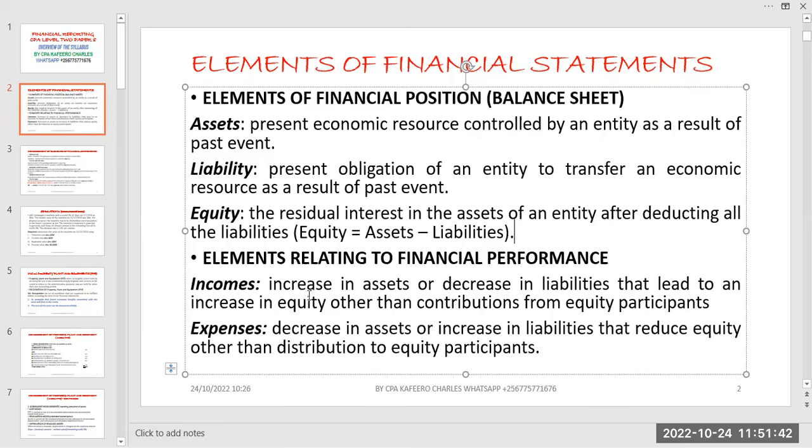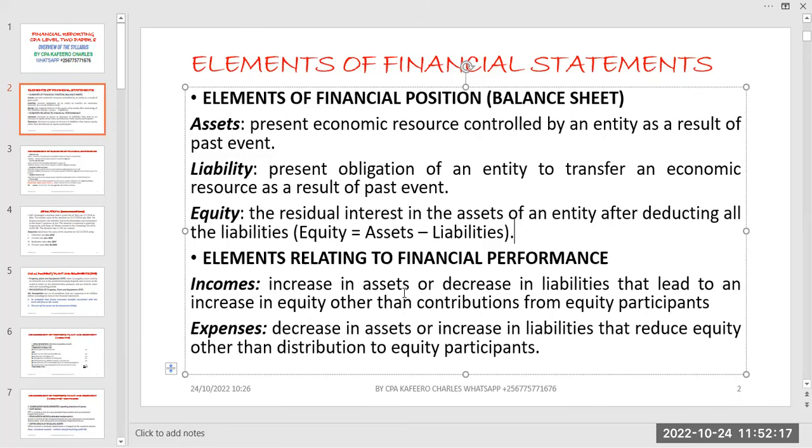That's what we mean by increases in assets or decreases in liabilities. They can lead to an increase in equity other than contributions from equity participants. Contributions from equity participants may be when the shareholders are increasing their share capital, or when the company is selling more shares. When you see that one, it is not called income.